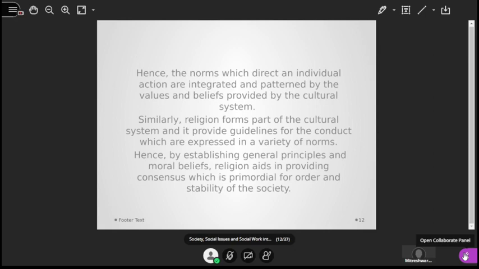Similarly, religion forms part of the cultural system and it provides guidelines for conduct which are expressed in a variety of norms. Hence, by establishing general principles and moral beliefs, religion aids in providing consensus, which is primordial for order and stability of the society.